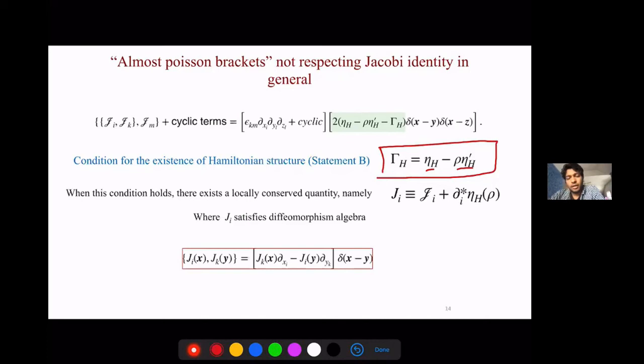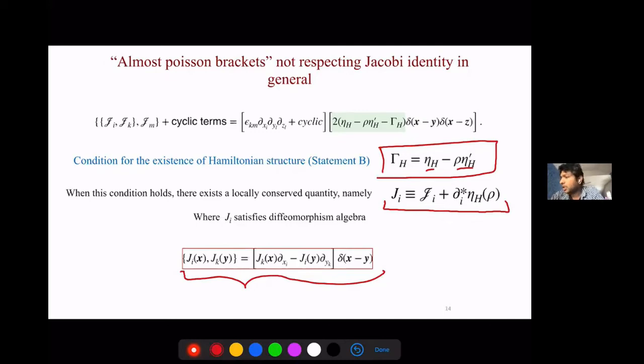And a corollary to this finding is that when this condition holds, when you have the Jacobi identity satisfied, you can always make a variable change in momentum density such that you can always go back to a J, which is a generator of the diffeomorphism algebra. So JJ is this usual diffeomorphism algebra that you looked at in the ideal barotropic fluid Hamiltonian case.